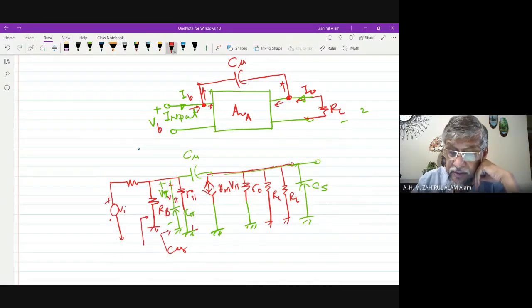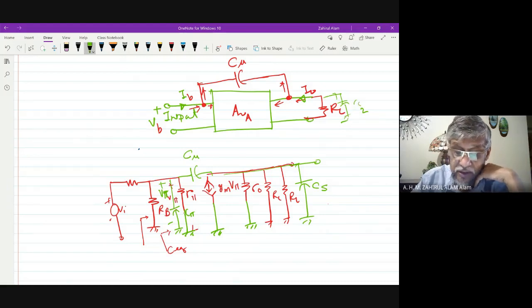Now we also have CS here, so we can input whatever we see here. This is the base voltage, which is VB. So I can enclose the whole thing.